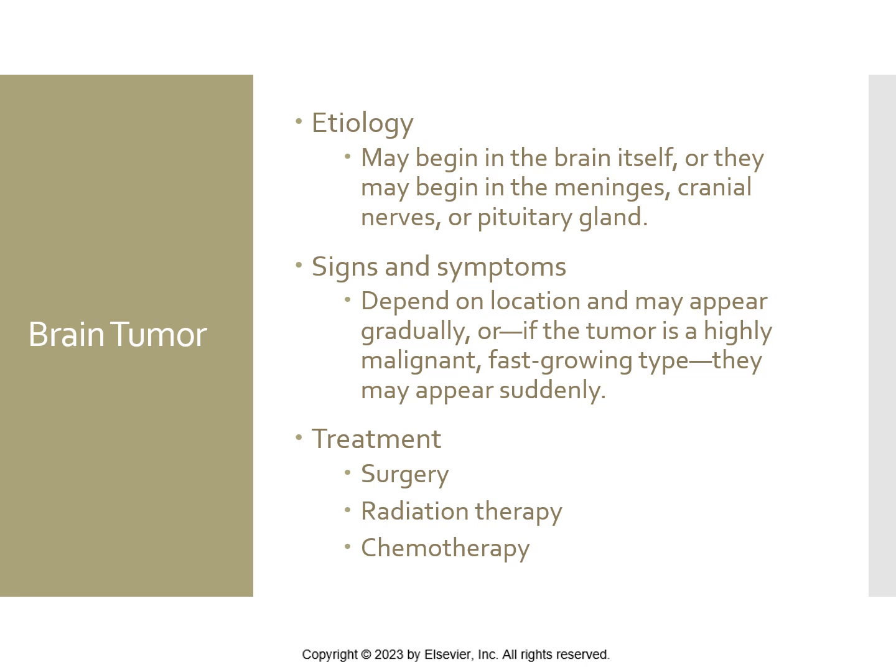Diagnostic procedures to identify the site and extent of intracranial tumors include skull X-rays, MRI, and CT scans. The three modes of therapy for intracranial tumors are the same as those for neoplastic diseases elsewhere in the body. This includes surgery, radiation therapy, and chemotherapy.